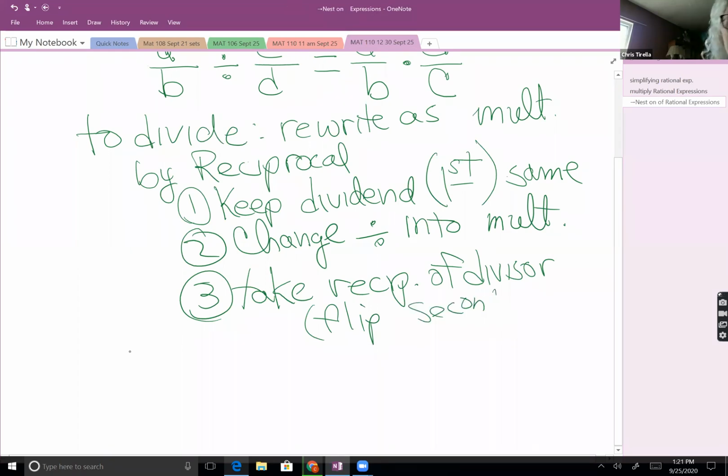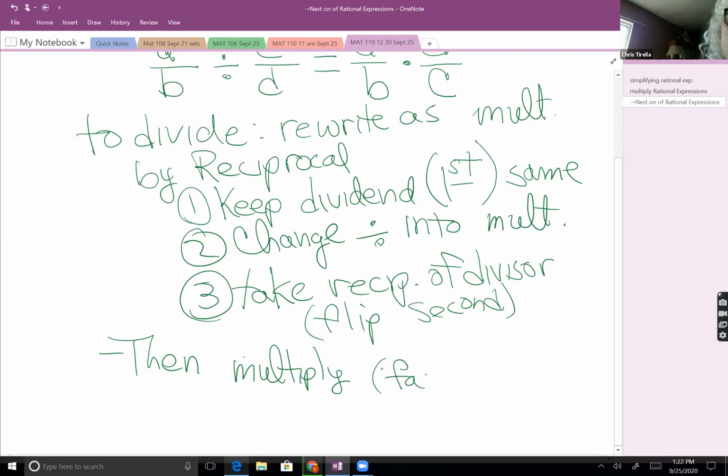And then we use our multiplication rules. And again, to multiply, how do you spell multiply? We always have to remember that we want to factor. Factor, factor, factor.